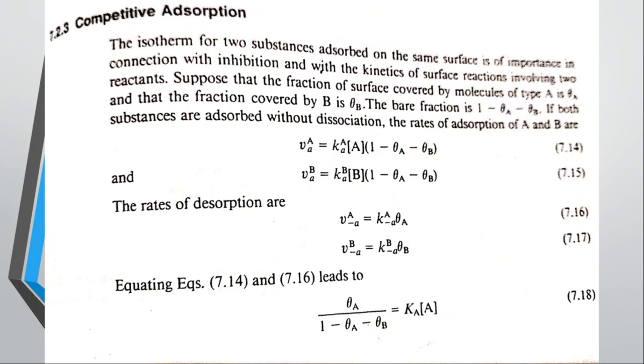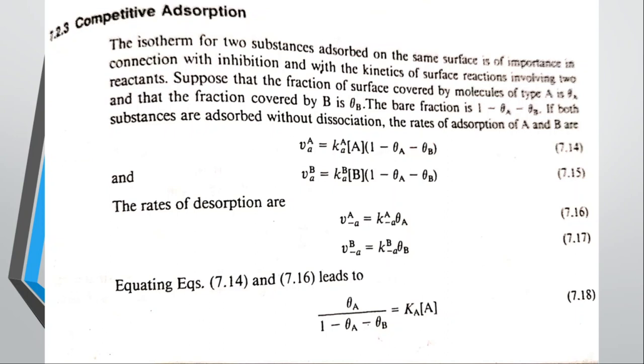If both the substances are adsorbed without dissociation, then the rates of adsorption of A and B are given as: rate of adsorption of A equal to Ka into concentration of A into the surface available for adsorption.